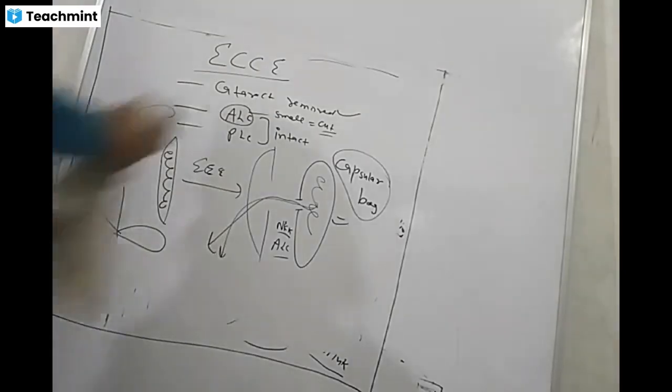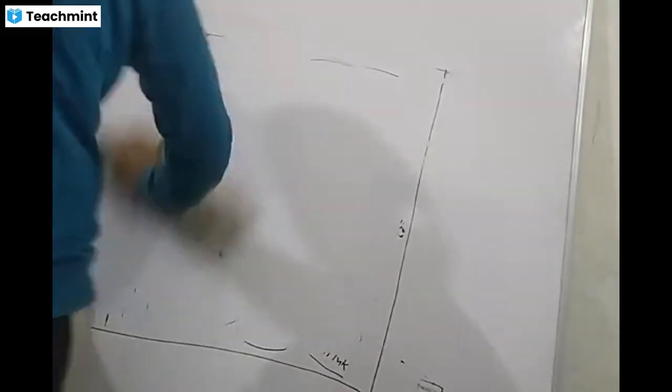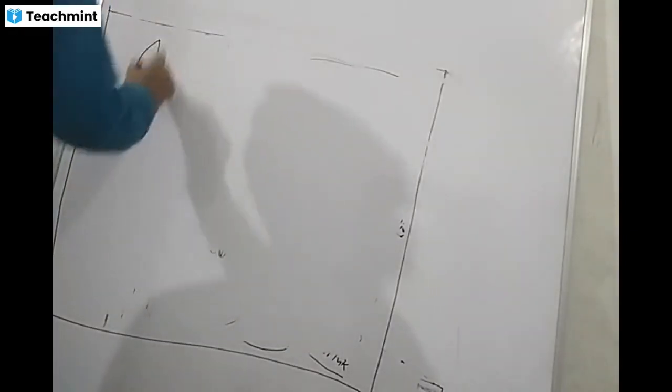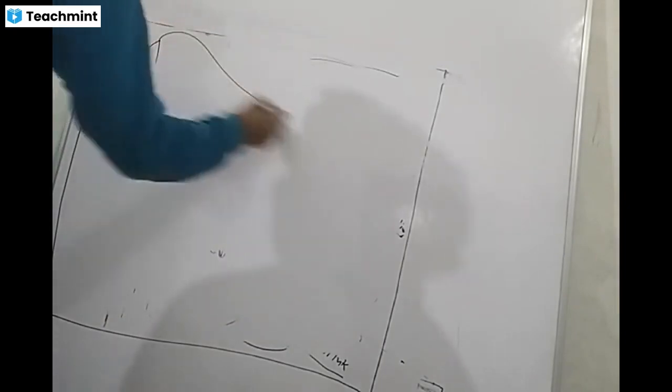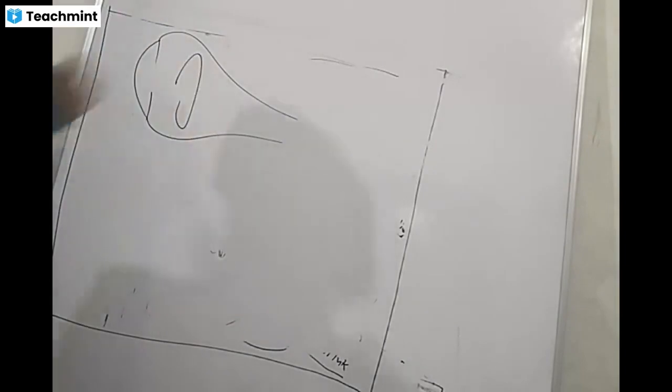The advantage of this surgery over intracapsular is that we can use an artificial lens. This is the eye with iris, and we have the capsular bag.